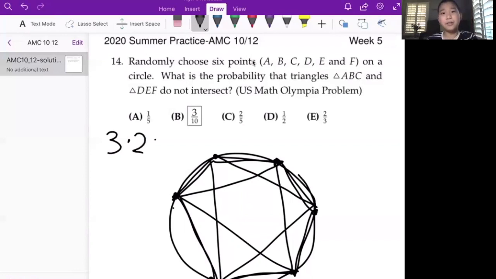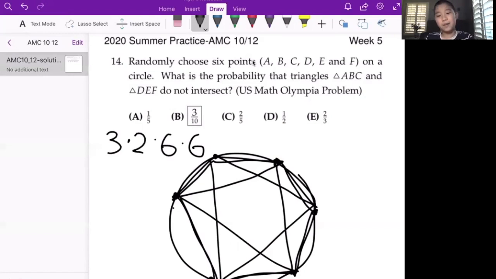And then after we choose the triangle for A, B, and C, D, E, and F also have to be on the other triangle. So there are 3 factorial or 6 ways to order A, B, and C, and then 6 ways to order D, E, and F. So we multiply them all.